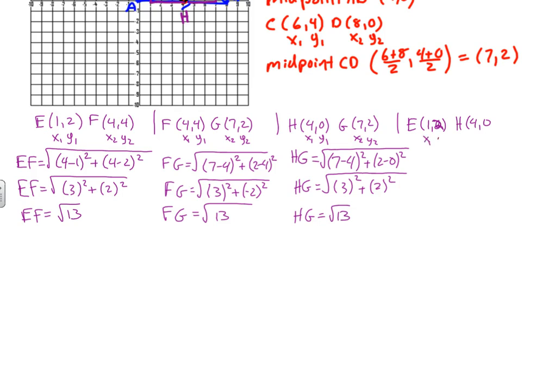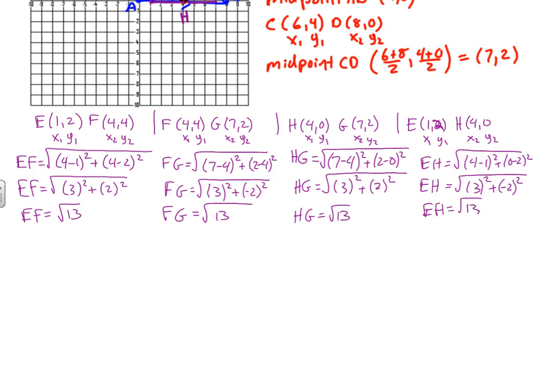And then for EH, it would be 4 minus 1 squared plus 0 minus 2 squared. So EH is the square root of 3 squared plus negative 2 squared, which would also be the square root of 13.